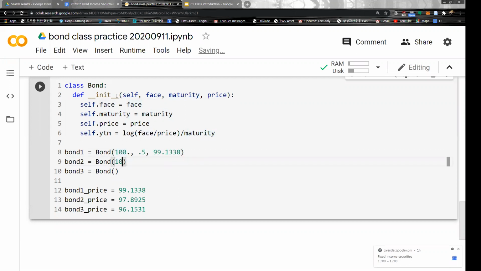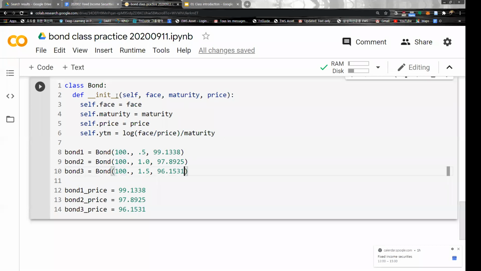This is 1 year, and the price is this one. And then 100, 1.5 year, and this one.